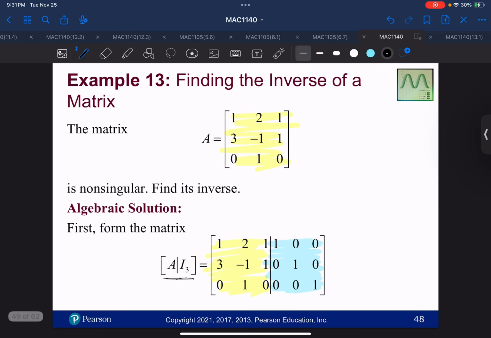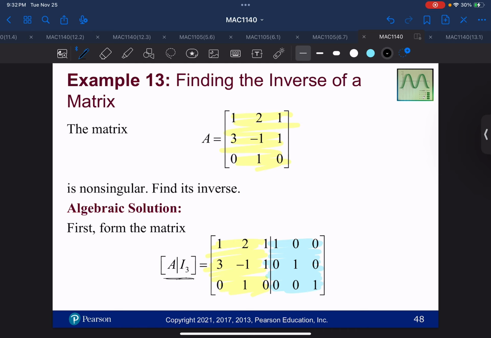So let's do an example. They're giving us this matrix A, which is a non-singular matrix, and they want us to find the inverse.